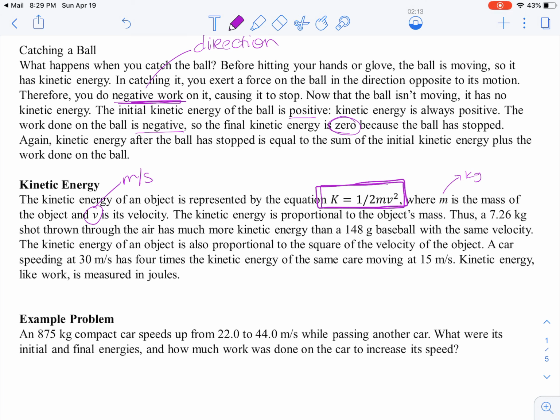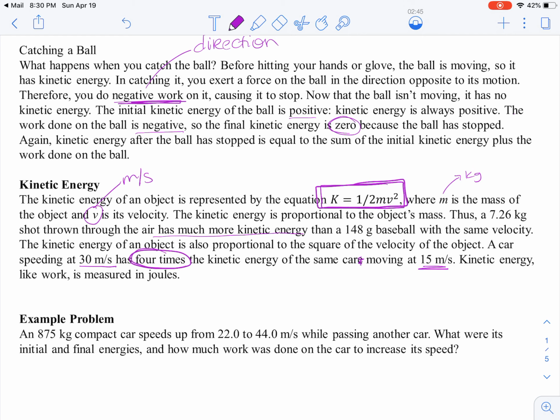The kinetic energy is proportional to the object's mass, which means a 7.26 kilogram shot thrown through the air has much more kinetic energy than a 148 gram baseball with the same velocity. The kinetic energy of an object is also proportional to the square of the velocity, which means a car speeding at 30 has 4 times the kinetic energy as the same car moving 15.